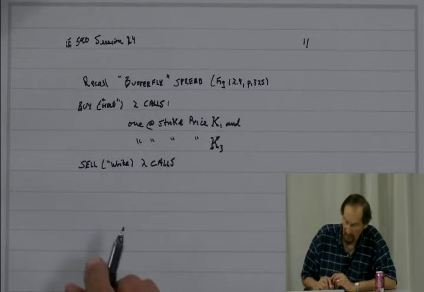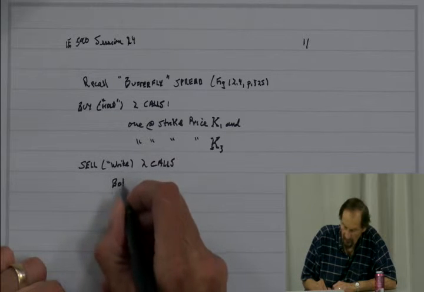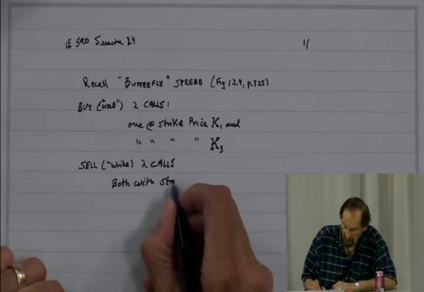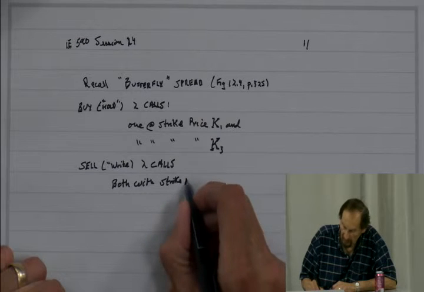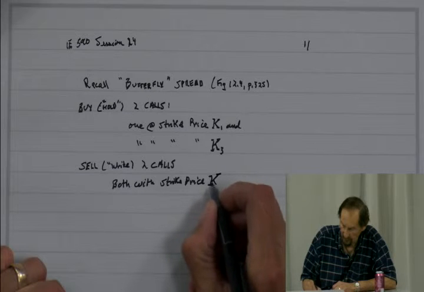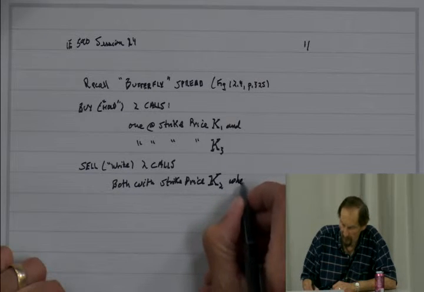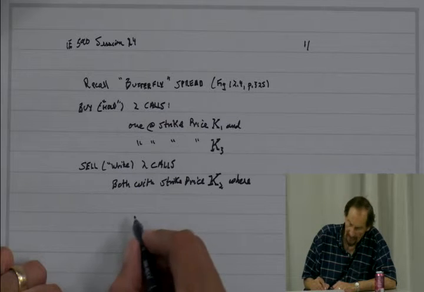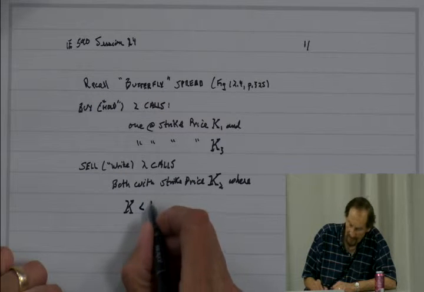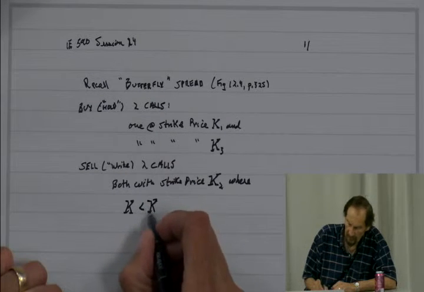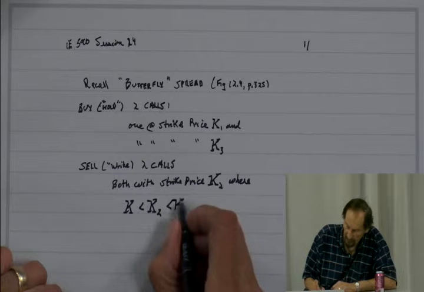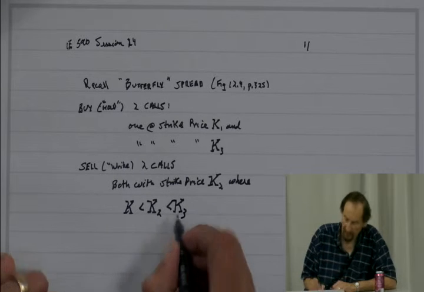But the two calls that we sell are both with strike price K2, where these strike prices are related by the following: K1 is strictly less than K2, which is strictly less than K3. Because of this, we get the effect of a butterfly, it looks like.